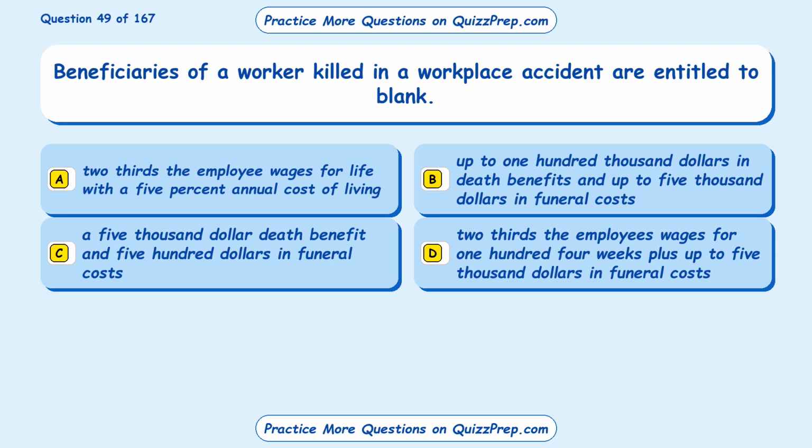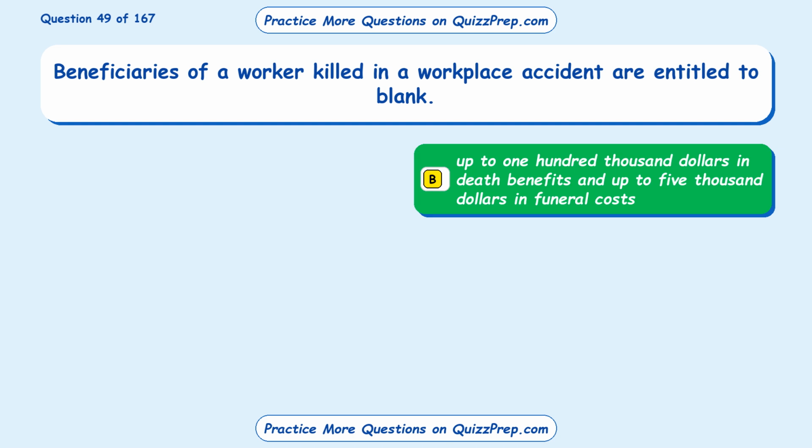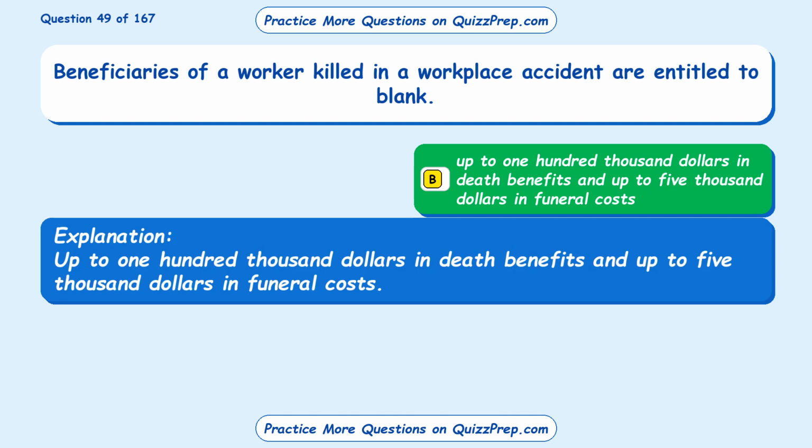Option D, 2/3 the employee's wages for 104 weeks plus up to $5,000 in funeral costs. The correct answer is option B, up to $100,000 in death benefits and up to $5,000 in funeral costs.